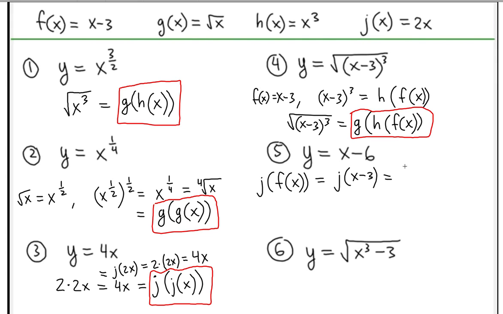That means the 2 will be multiplied by x minus 3. All right? But now the problem is, again, it's going to be 2x minus 6. Right? But we need only x minus 6, so it's not going to work. So you can't put the j inside the f, and you can't put the f inside the j.